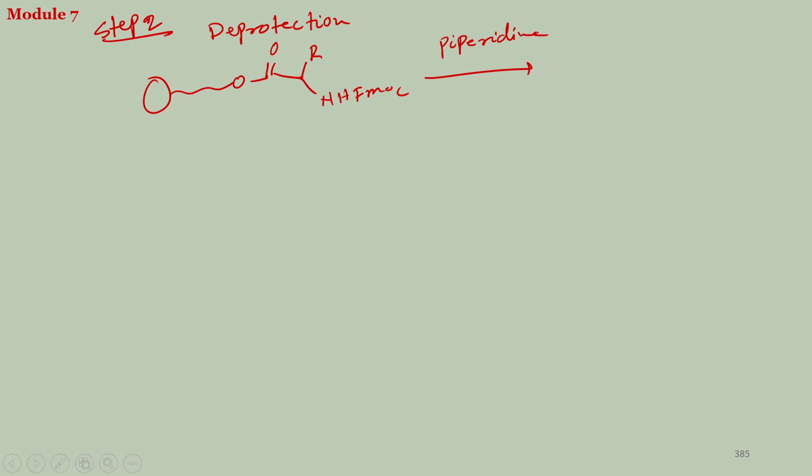Since you are doing the solid phase reaction, piperidine use is not a problem, because once you remove this, all the piperidine that is present in solution can be washed away. O, CO, R and free NH2. That is step 2.